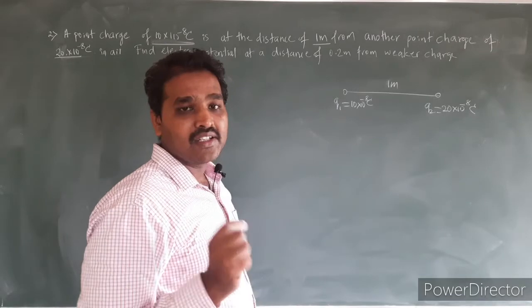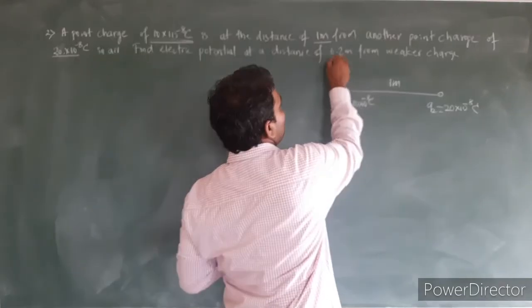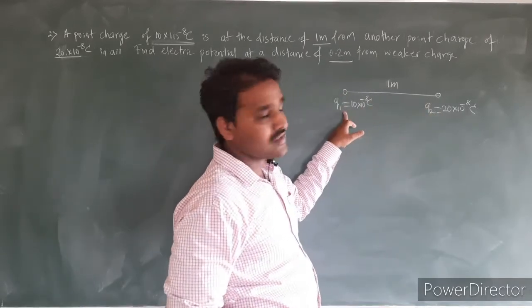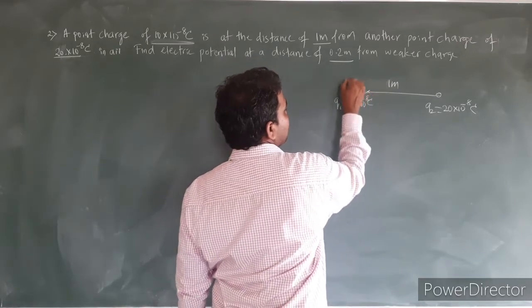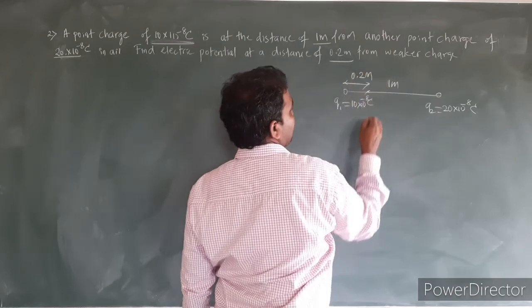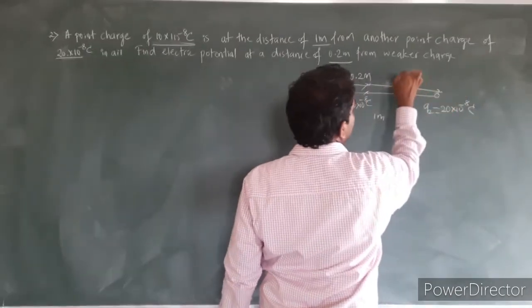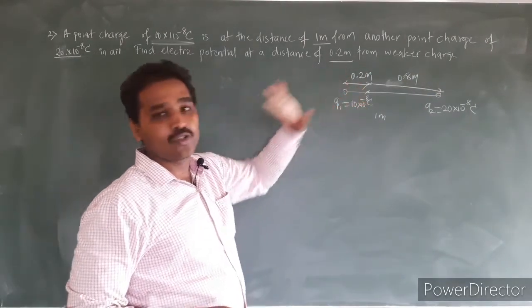We have to find the effective potential at a distance of 0.2 meter from the weaker charge. Of these two, the weaker charge is 10 into 10 to the power of minus 8 coulomb. So from this charge let us consider the distance of 0.2 meters. This distance is 1 meter. The remaining distance is how much? 0.8 meters, that is 1 minus 0.2 meter.